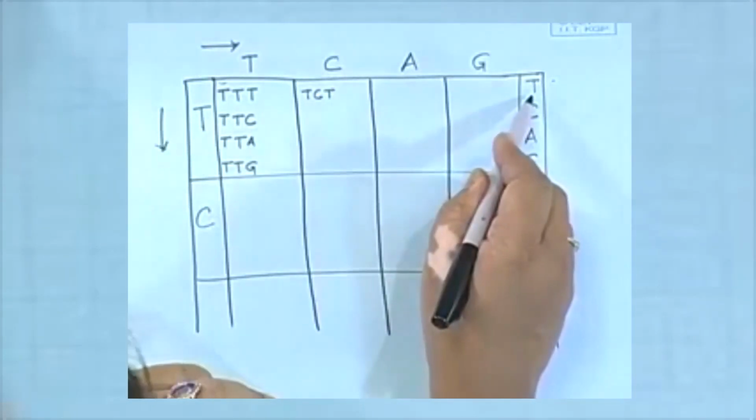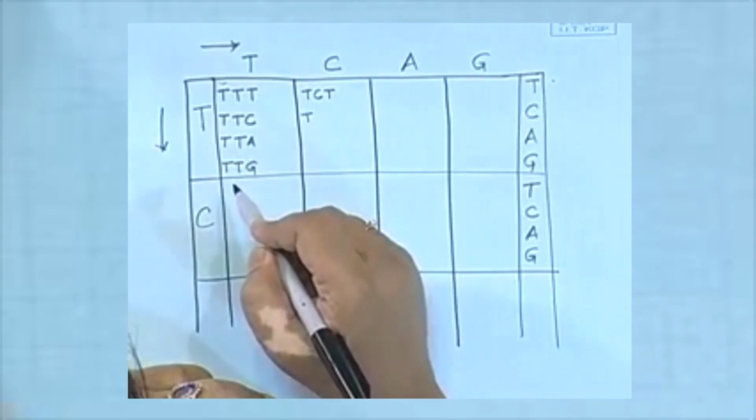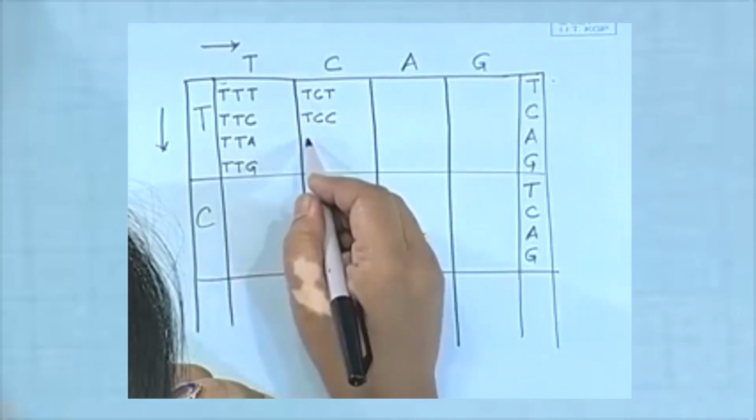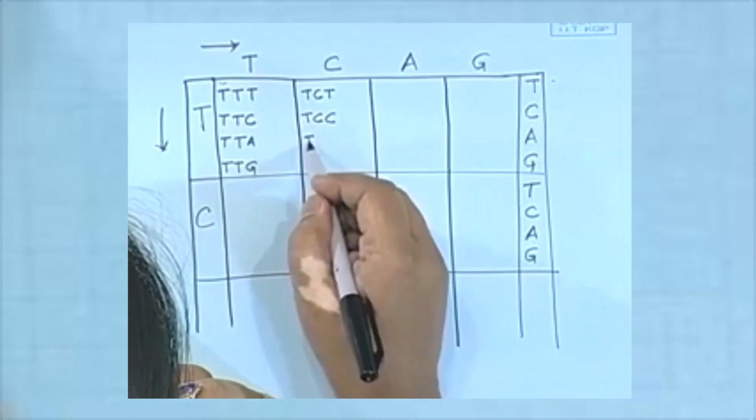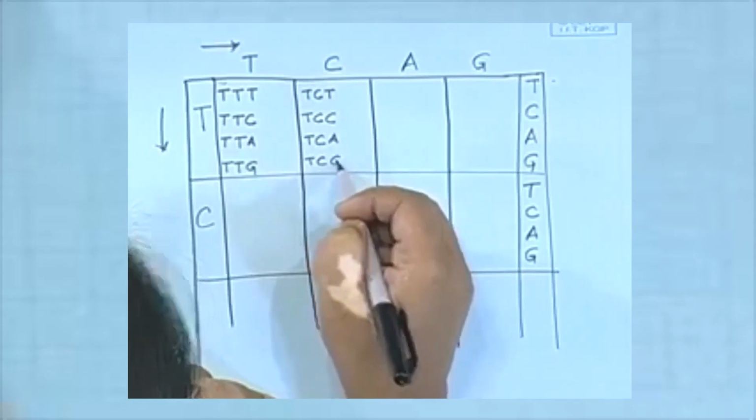So, we have T, C, T. The next one is going to be T, C, C, then T, C, A, T, C, G, and so on and so forth. So, this is what your genetic code is. This is CTT, CTC, CTA, CTG.